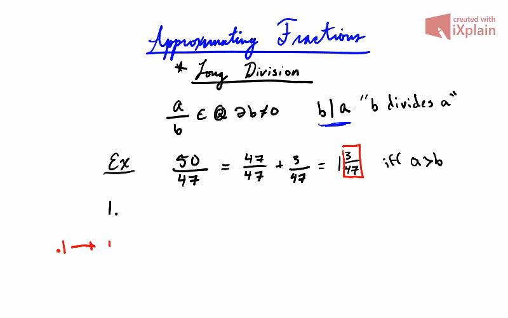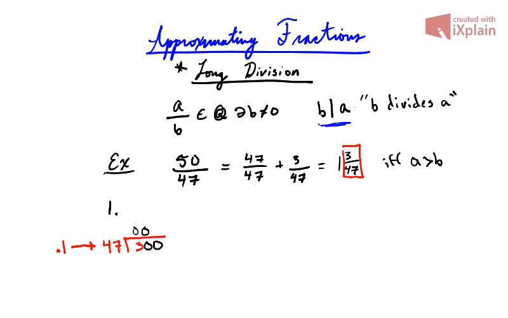So 47 divides 3. Well, I can't do that. So I have to go in and add numbers. So I borrow from the hundreds, and I get 30. Well, 47 can't go into 30, so I put another 0. Borrow from the thousands, and so I get another 0.